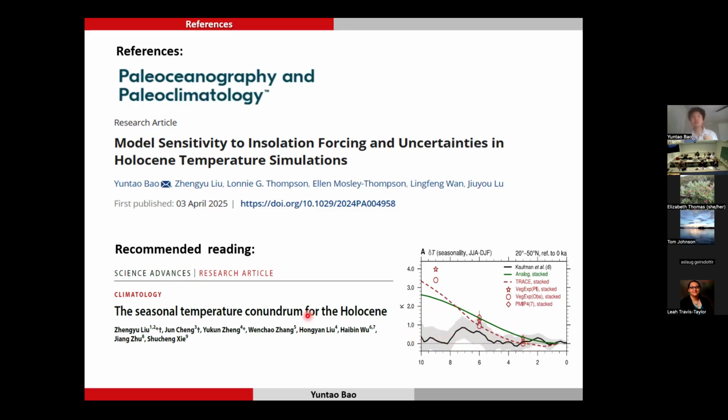Further, this paper gives very strong evidence that the proxies may have very large uncertainties or biases in this seasonal amplitude, and also highlights that we should focus on winter proxy reconstruction instead of summer.